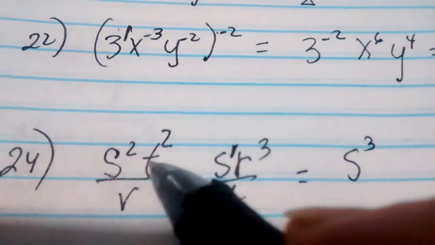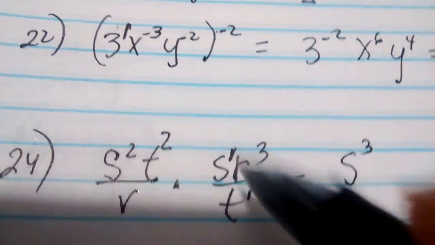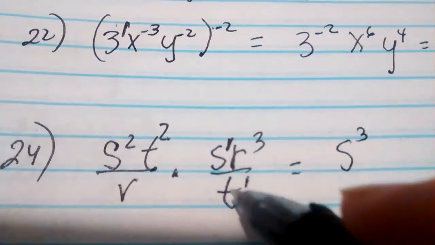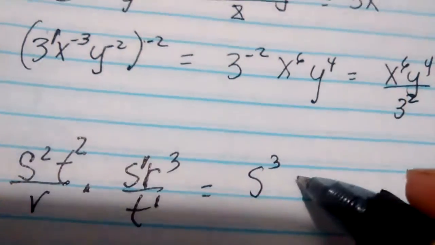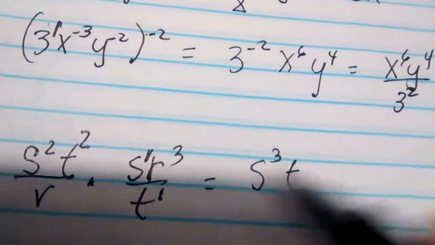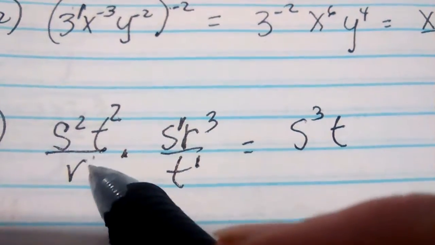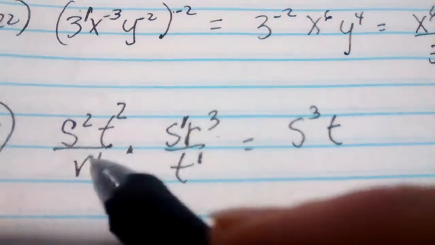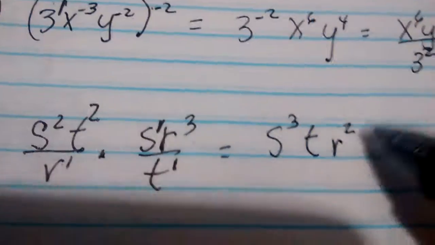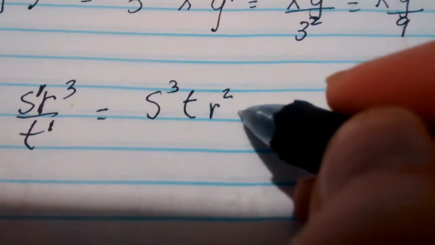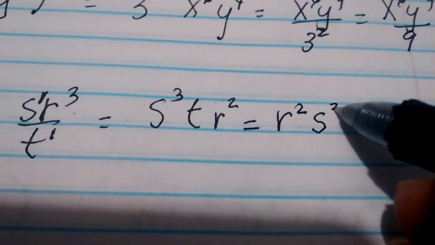And then with a t up here and a t to the first down here, you would subtract 2 minus 1, and that becomes a positive t, so you leave that up top. And then the last one is you have an r cubed and an r to the first, so you'd also subtract them, and 3 minus 1 is positive, so it stays up in the numerator. If you want, a lot of times things are written in alphabetical order, so this might be a better answer.